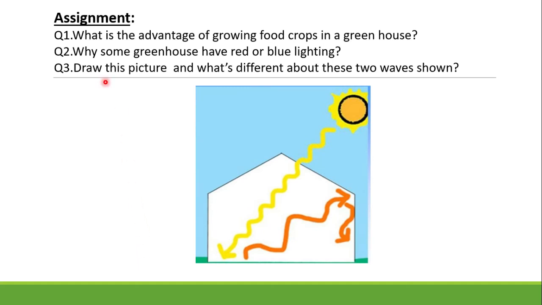At the end, there is an assignment for you. Question number 1. What is the advantage of growing food crops in a greenhouse? If we grow the crops inside a greenhouse, it protects them from climate conditions, harsh weather, from birds, animals, pests, and also certain diseases.